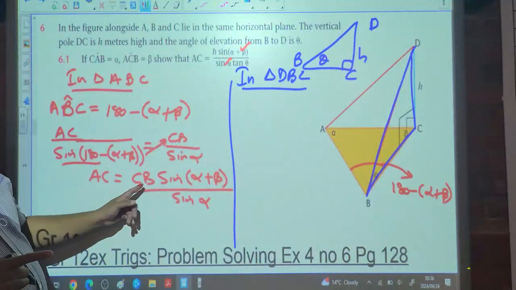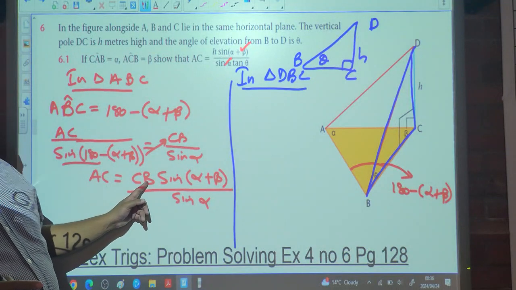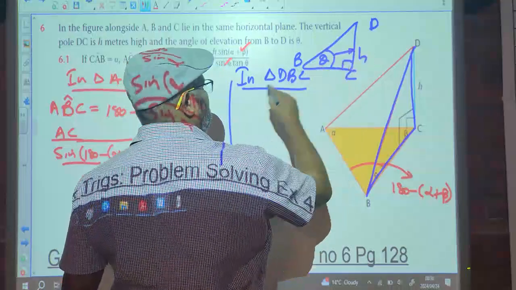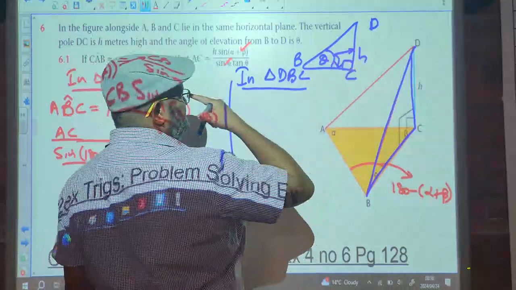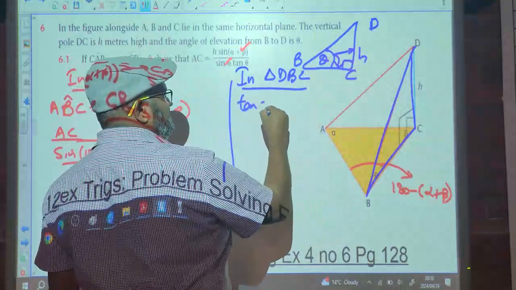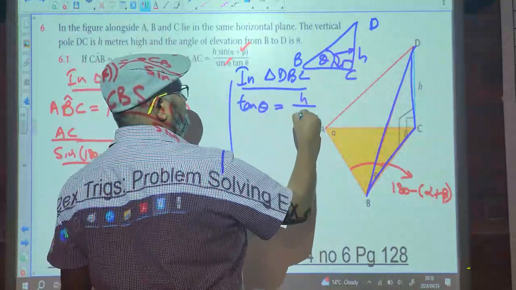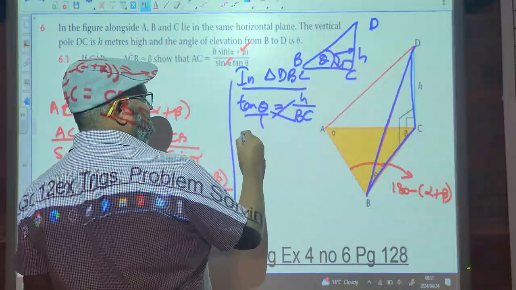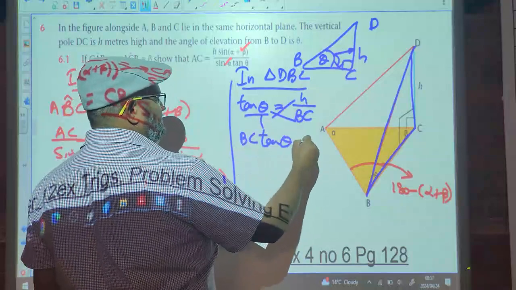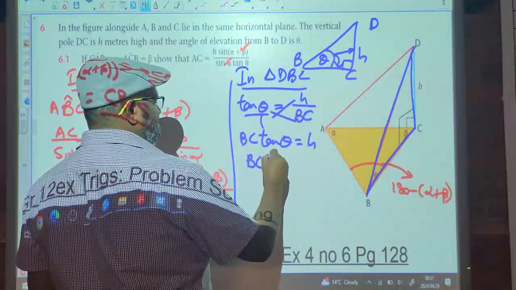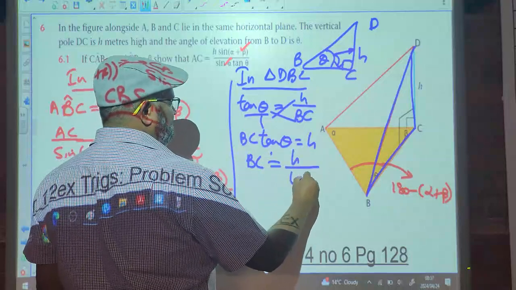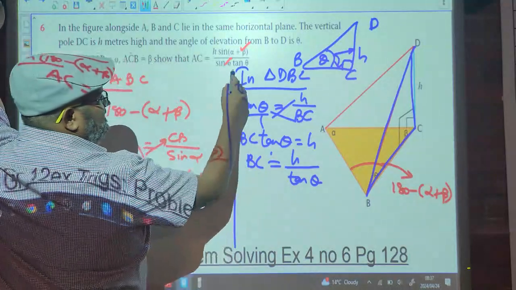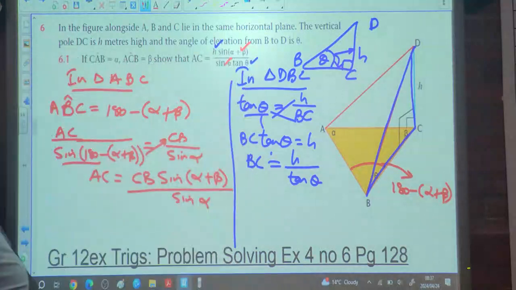What must I use? CB or BC, not so? And which trigonometric function uses opposite and adjacent, and there's an H of course? Tan. So I say tan of theta equals H over BC. So hang on, cross multiply, so it's going to be BC tan of theta is equal to H. So therefore BC is equal to H over tan theta. You see? There is an H and there is a tan of theta.